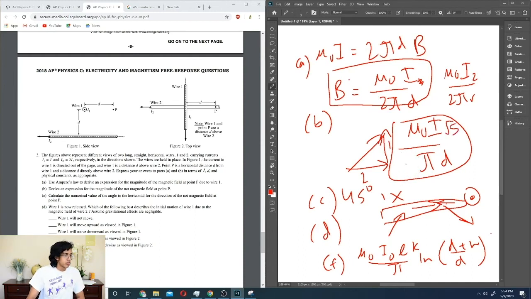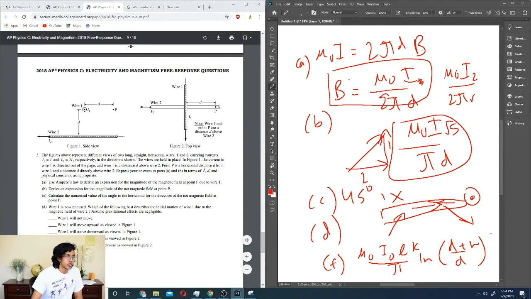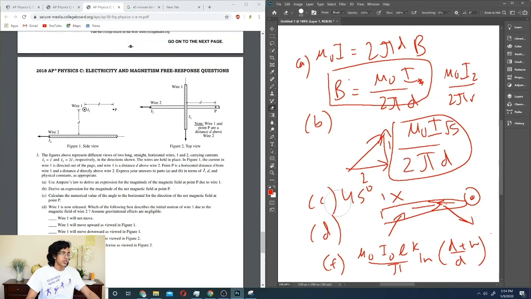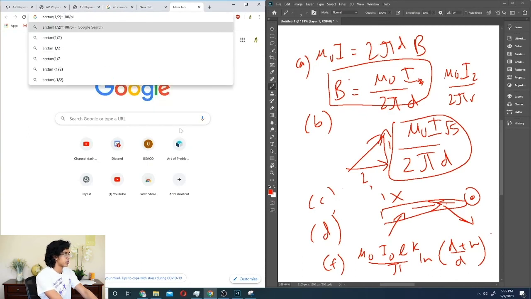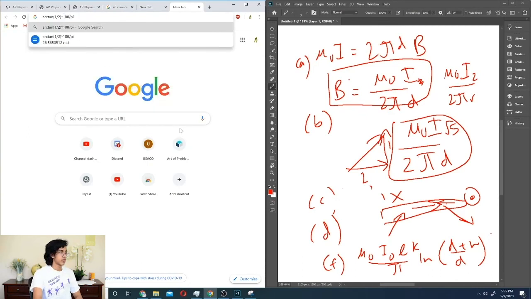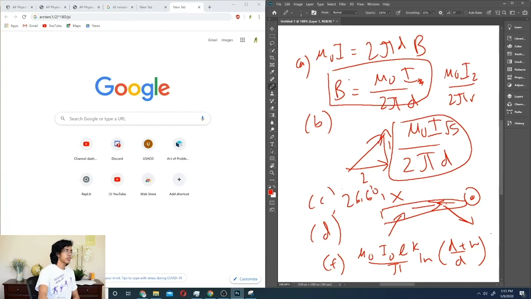Or no, is that right? Yeah, it should just be root 5. Oh yeah, but there is a 2 from over here. And then this, on the other hand, will be tan inverse of 1 over 2, in degrees times 180 over pi, for 26.56, 26.6 degrees, okay. And we didn't screw up anything else. I think we're good.